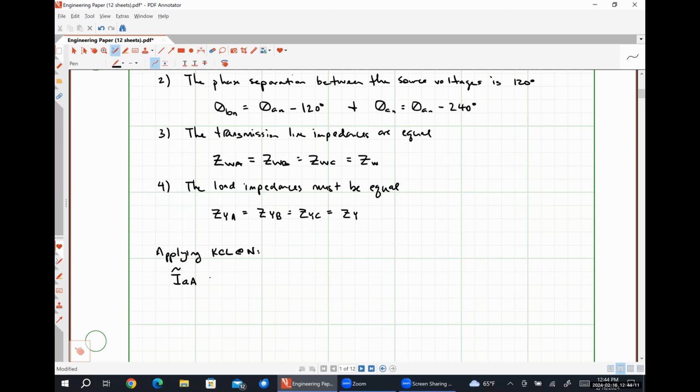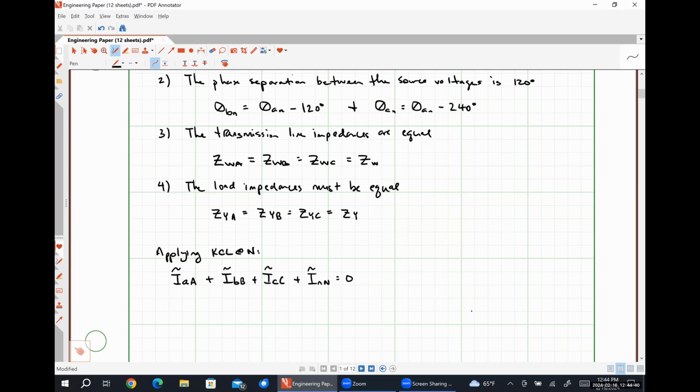So IAA plus IBB plus ICC plus INN are equal to zero. And now what we're going to do is use Ohm's law to express all of these currents in terms of voltages.